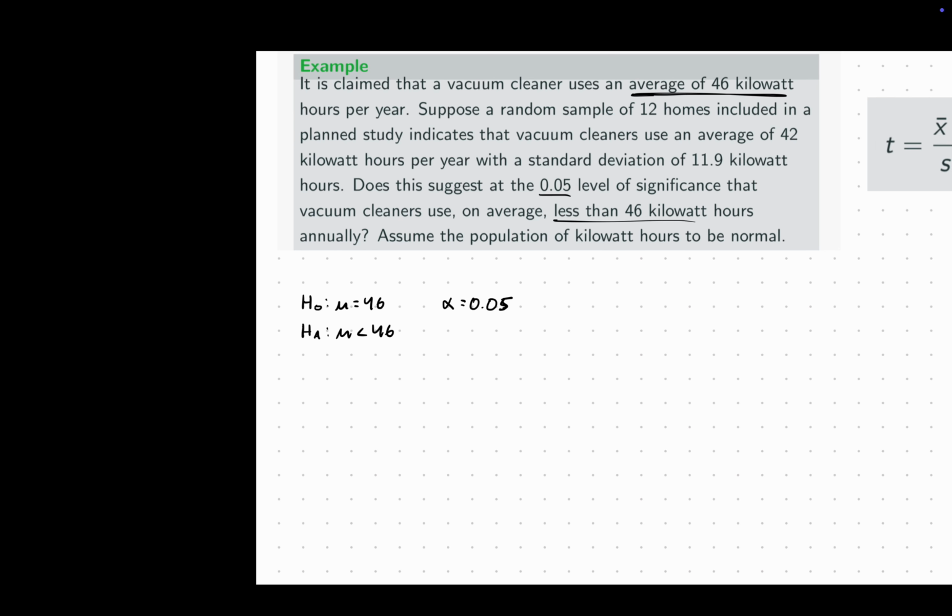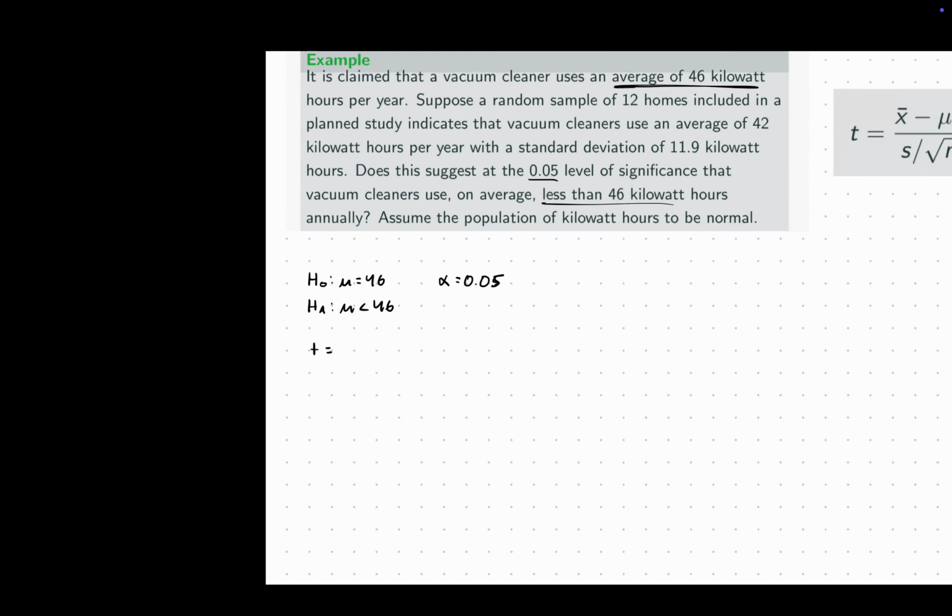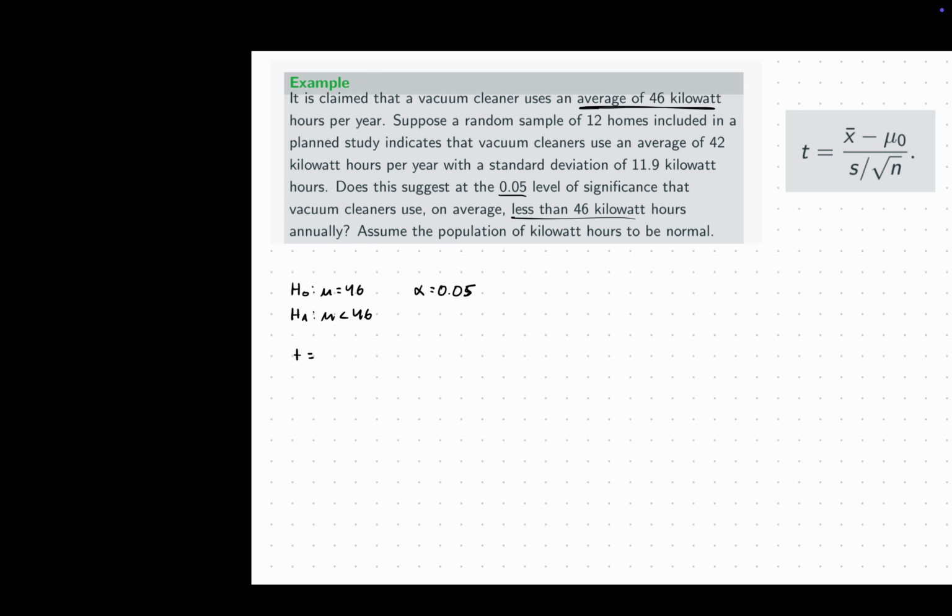Now we need to calculate our t statistic. So t, and we have our formula over here. It's equal to our sample mean minus our value, divided by our sample standard deviation divided by the square root of our sample size n. So let's do that.